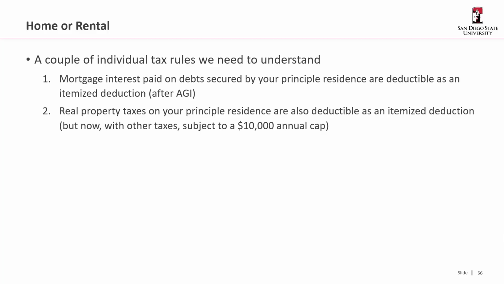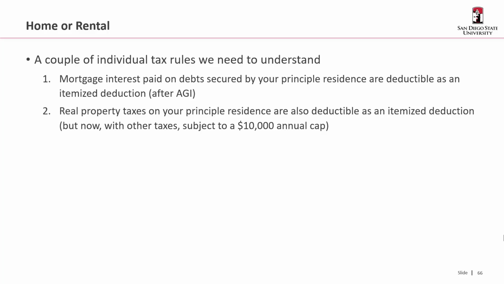Okay, so before we dig in on how we deal with the income and deductions associated with a dwelling for which there's at least some rental use, I need you guys to better understand the way a couple of itemized deductions work.